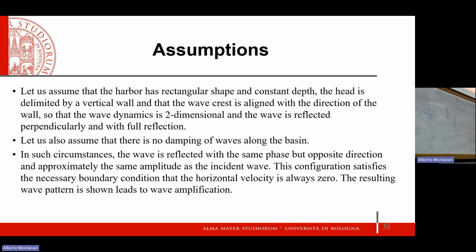You have a reflection of the wave. The wave is reflected in the same direction, of course, with different versions of the wave propagation. Okay, as you see here, the arrow is on the left and here is on the right, but the direction is the same. Same direction, same amplitude, and same phase, no phase change.